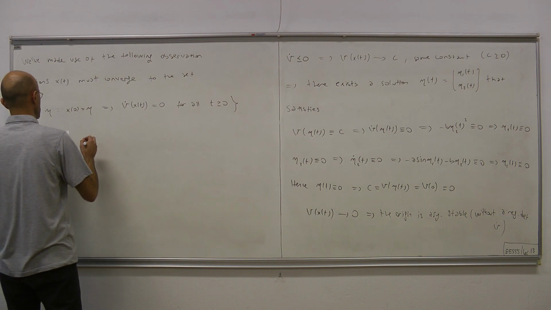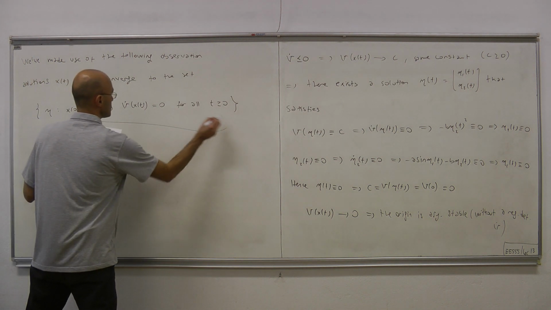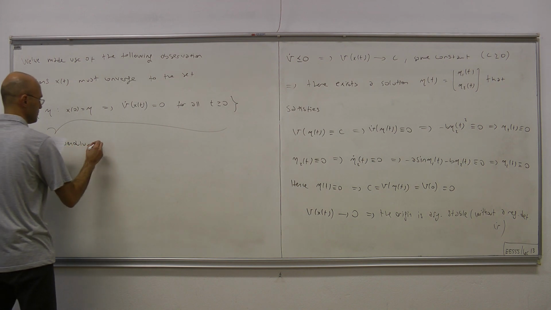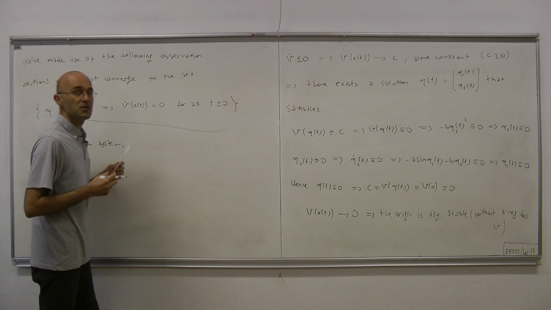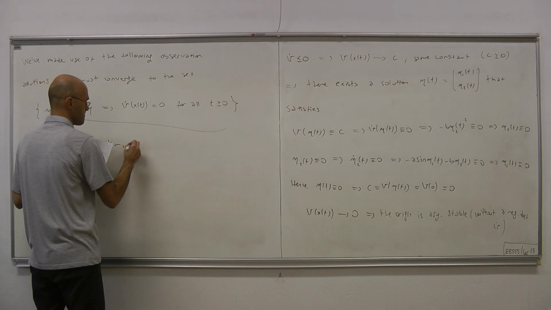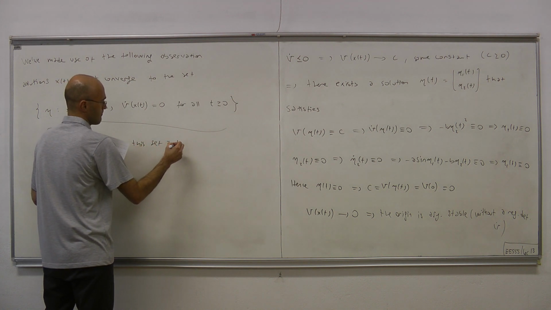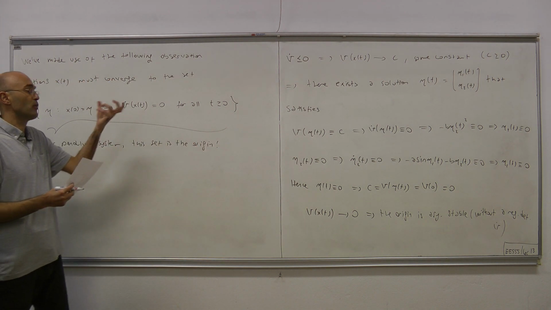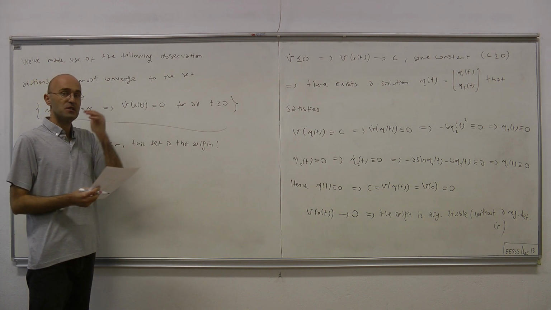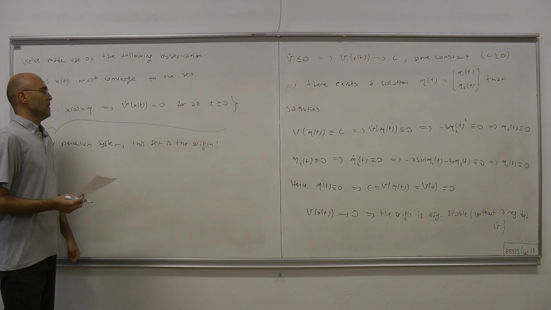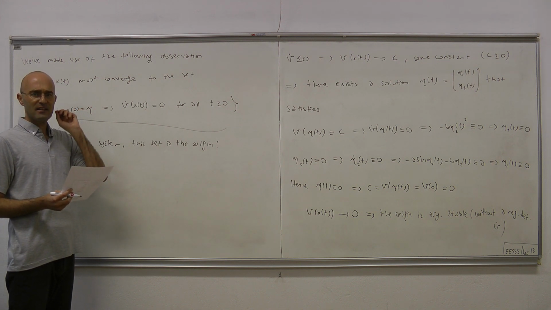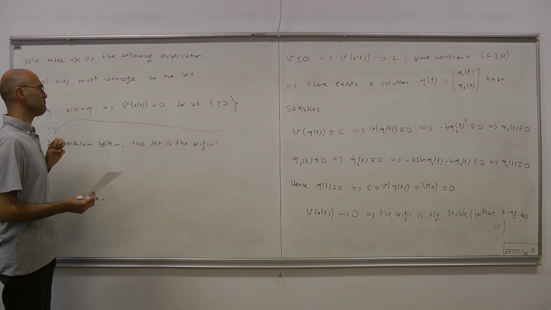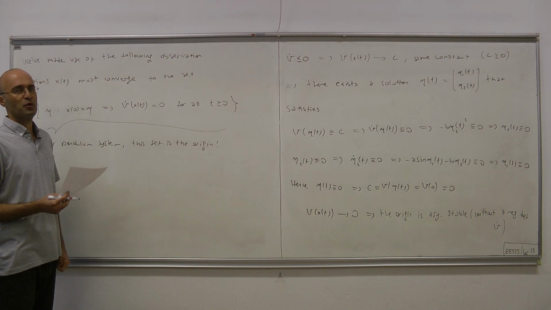And for the pendulum system, this set was the origin. So if we can show that for a general case, this set where V dot is identically 0 is a singleton, the origin, then with a negative semi-definite V dot, we can establish asymptotic stability.